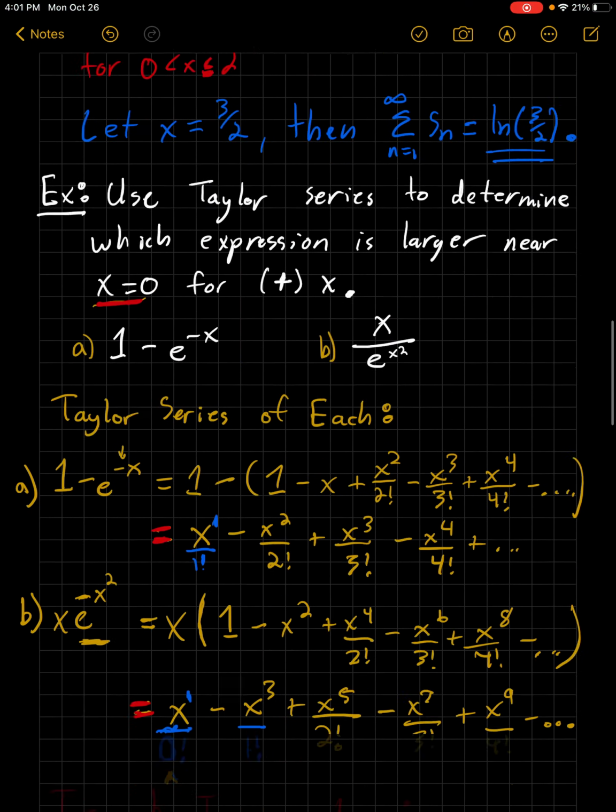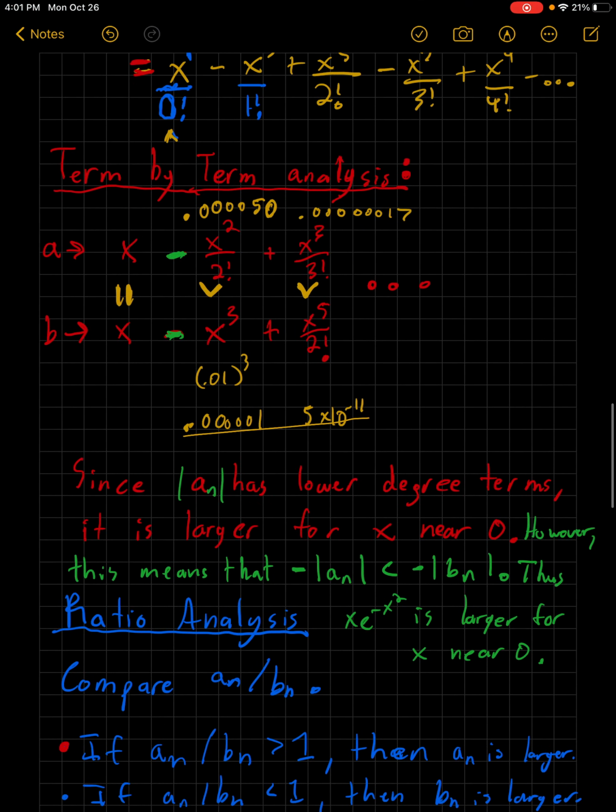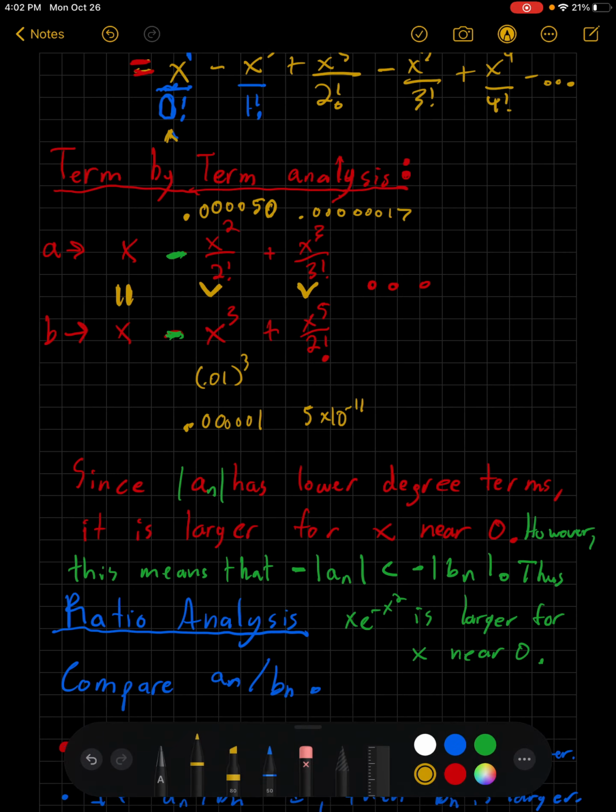And we can see that graphically, and it makes sense with our ratio analysis and our term-by-term analysis. But it's just really important to keep track of these negatives when you're doing term-by-term. If they were just positives, then the A series would be bigger, but by subtracting bigger things from the A series, I'm actually making it smaller, which is a little counterintuitive.